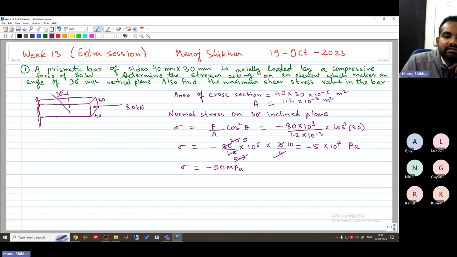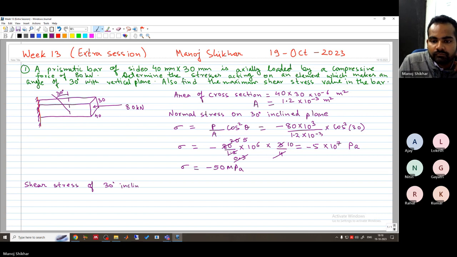Now we have to find shear stress. So shear stress on 30° inclined plane. We can use the formula tau equal to minus P by A sin theta cos theta.